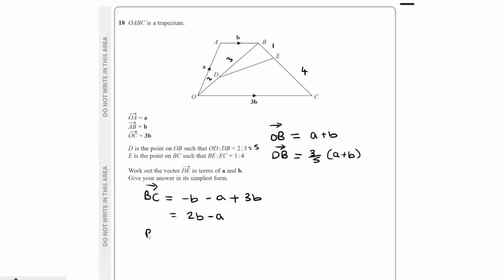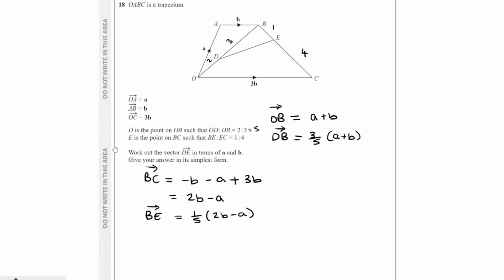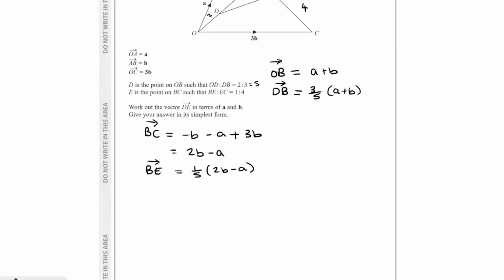And then over here, BE, using the ratio, is 1/5, because I want the smaller part of 2B minus A. And then the last thing is to add those together to get DE. So DE is DB plus BE.